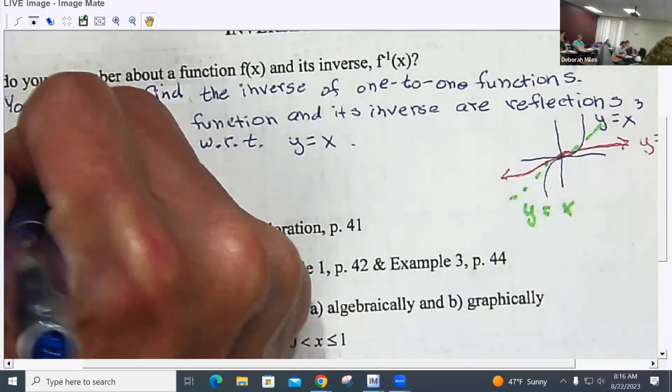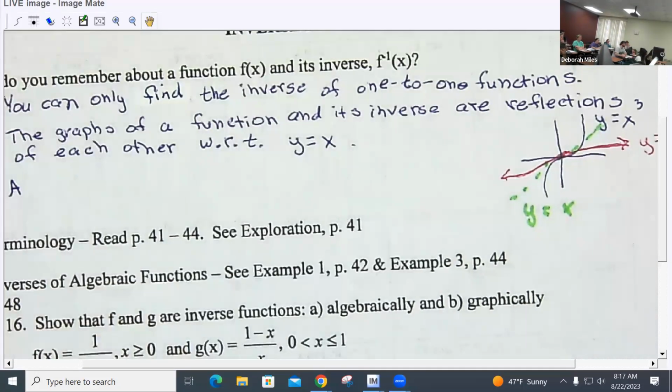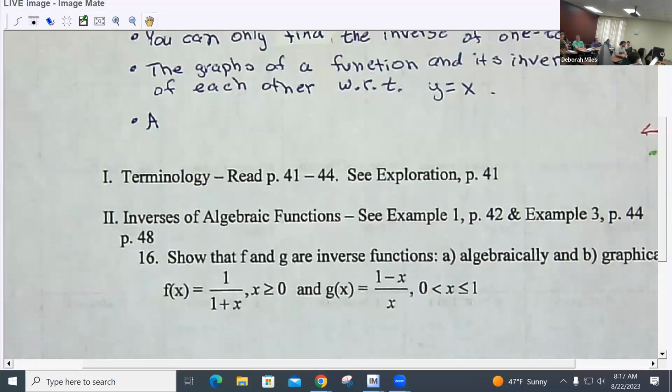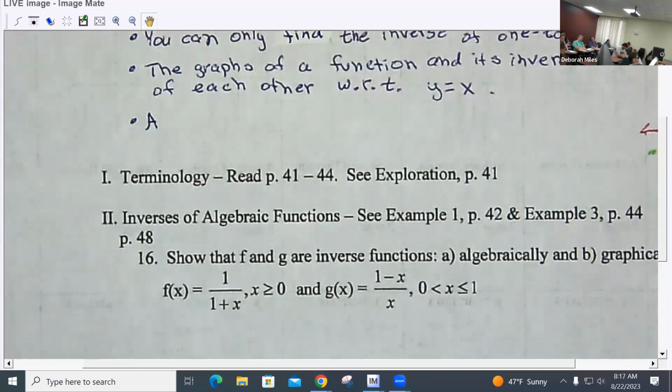Let me think of the best way to write it so you don't have to erase. Oh, I got it.